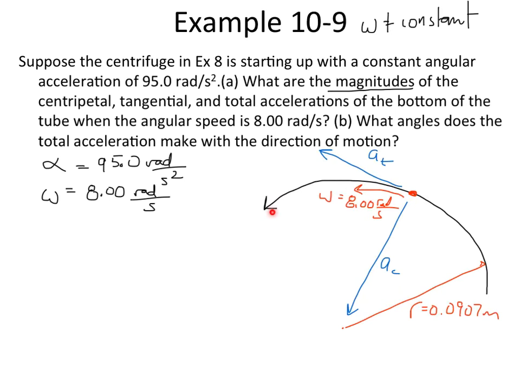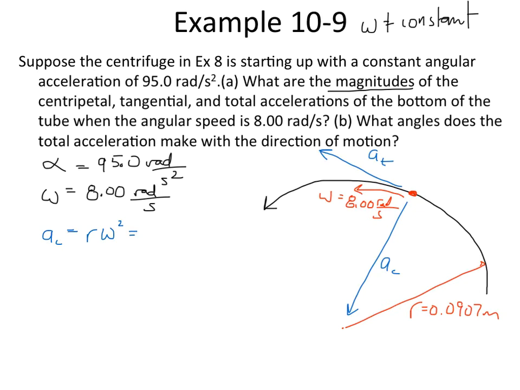Let's solve for all of them. Let's find our centripetal acceleration first, A sub c. Well, that is r times omega squared, right? We have both of those values.